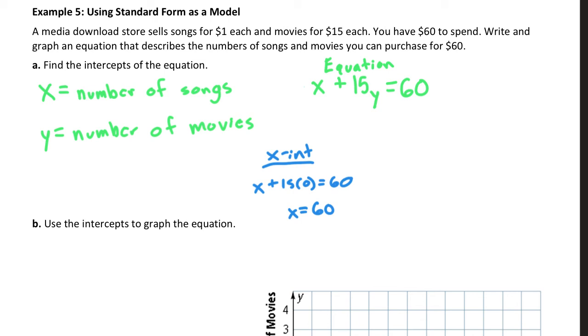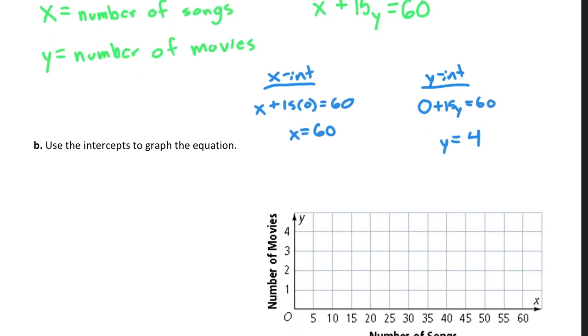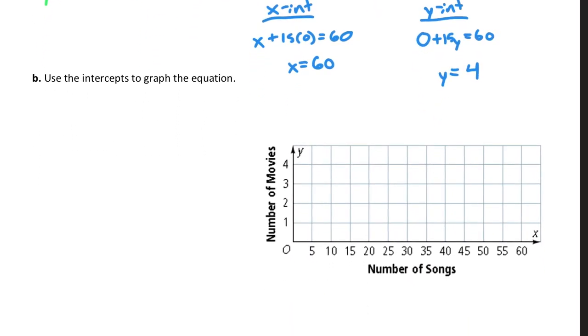If I have $60, $1 per song, I could buy 60 songs. For my y-intercept, this is basically saying if I buy 0 songs, how many movies can I buy? If I buy 0 songs, I could buy 4 movies. Okay? So those are kind of the extremes of what I could buy.